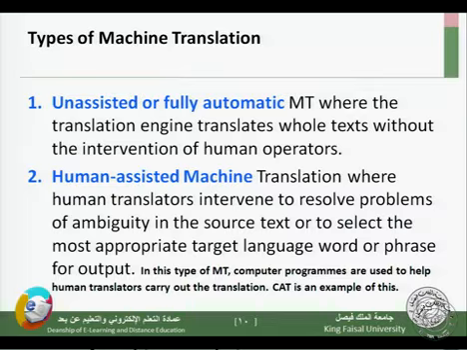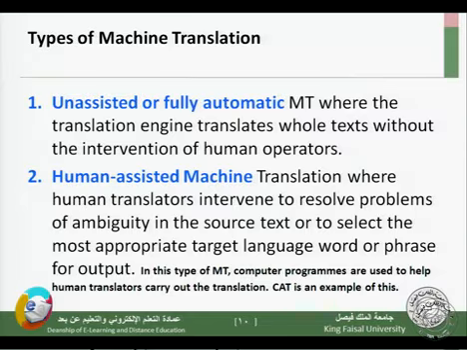This is called unassisted or fully automatic. But I'm not sure about the quality. I have my own reservations about machine translation products and computer-aided products, but it's not our concern here.